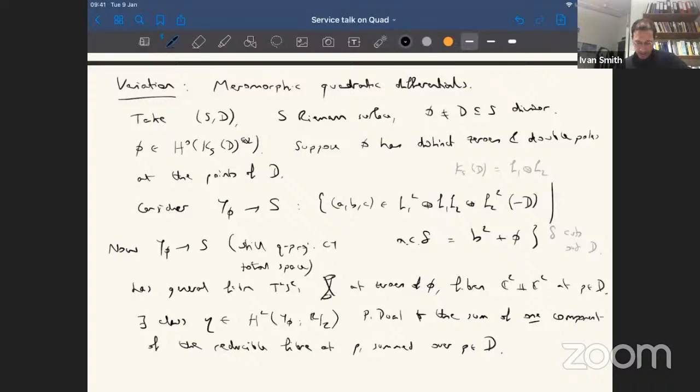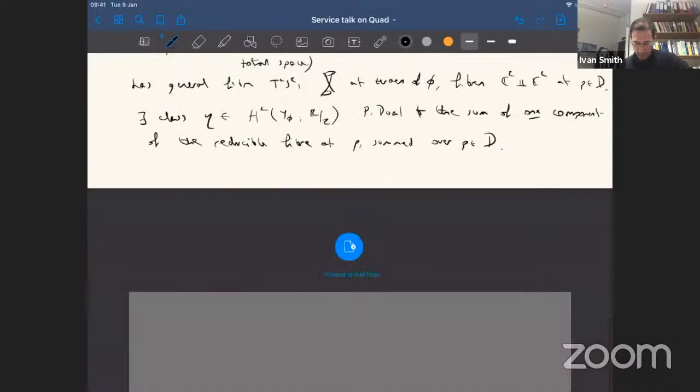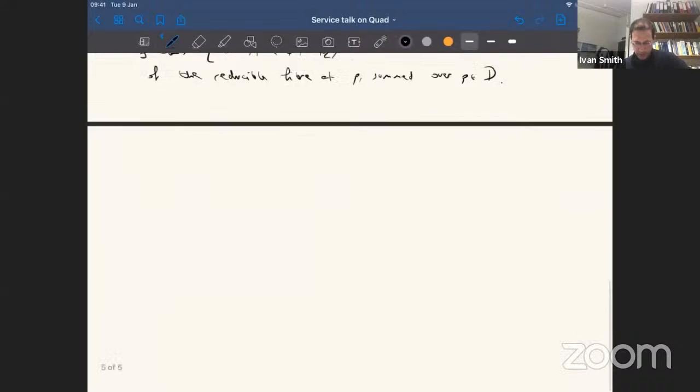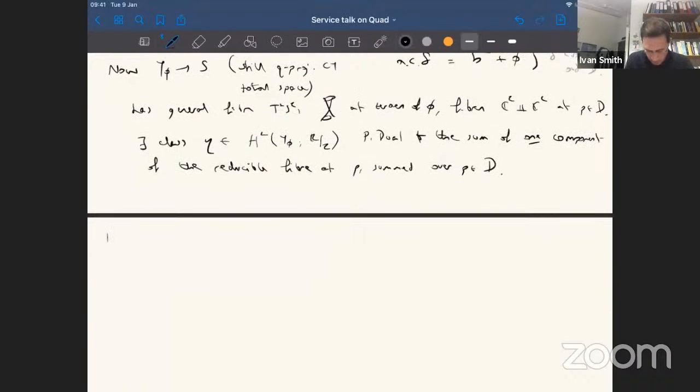And so then the theorem that Tom and I proved says that, well, there are some technical conditions in this setup.